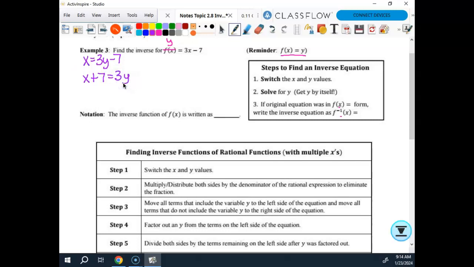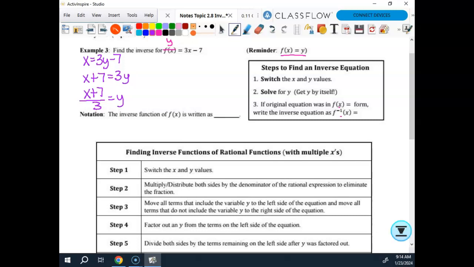Then what do I need to do next? Divide by 3. Now, when I divide by 3, I could make it into 1/3 x plus 7/3. Would you agree with that? The easier way to do it, and the perfectly fine way to do it, is just x plus 7 all over 3. That equals y. Totally acceptable. It keeps you from having to reduce or do anything else or make any mistakes. Okay?